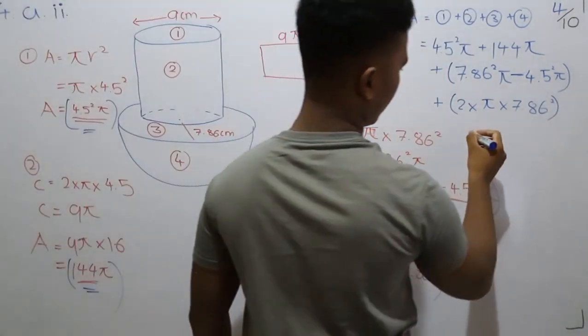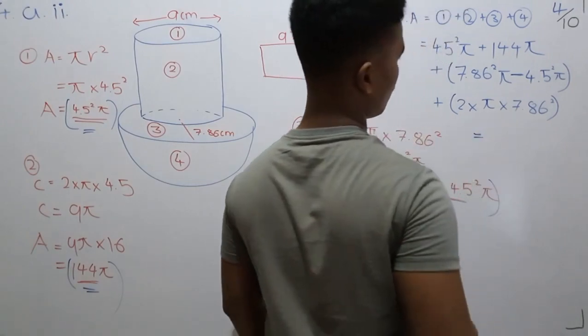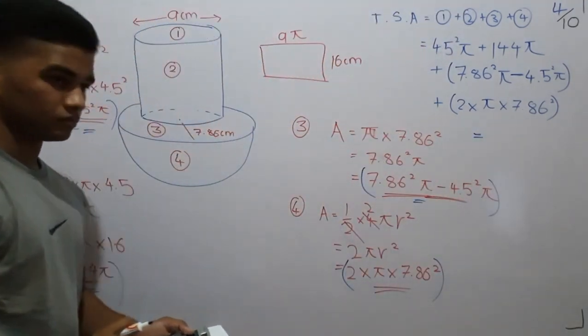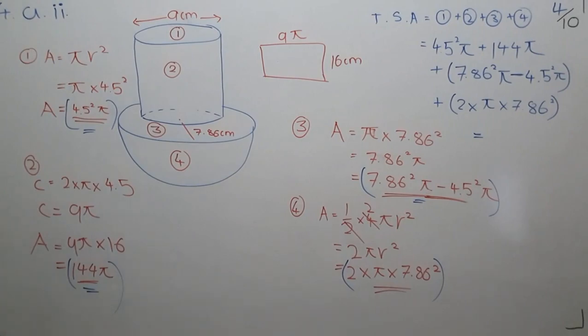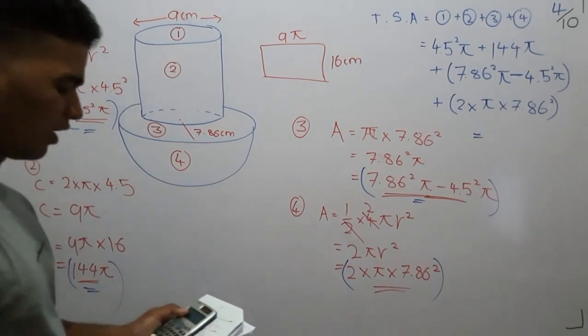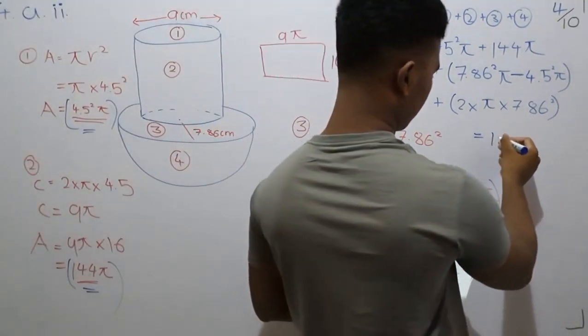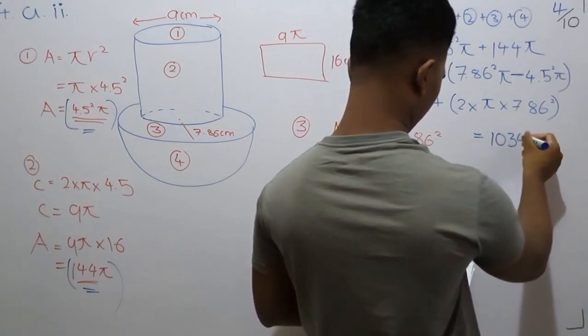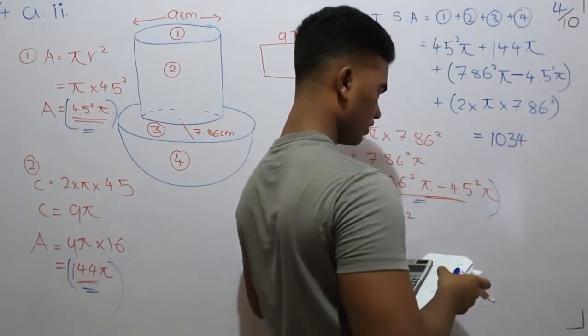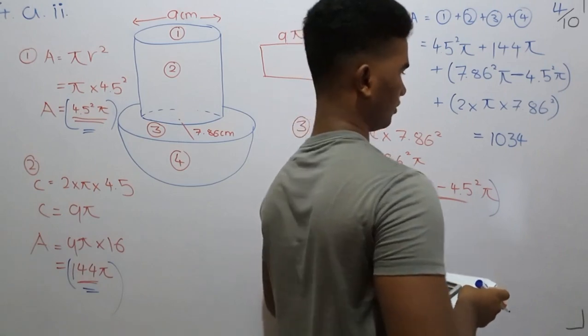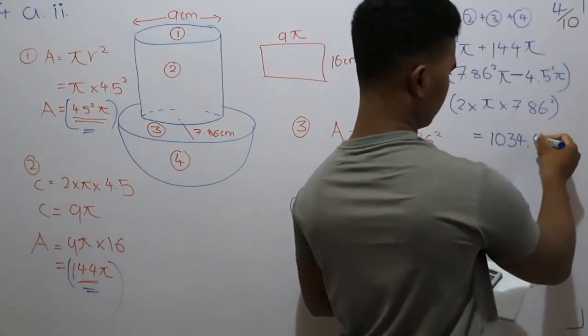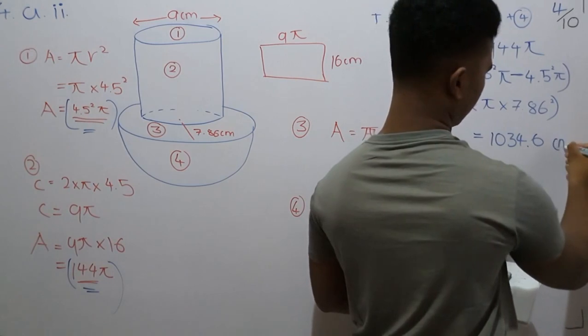So use the calculator to add them. So we will be getting the final answer, 1034. They are asking for the value, they won't ask for decimal places. So you can write it like this: centimeter square.